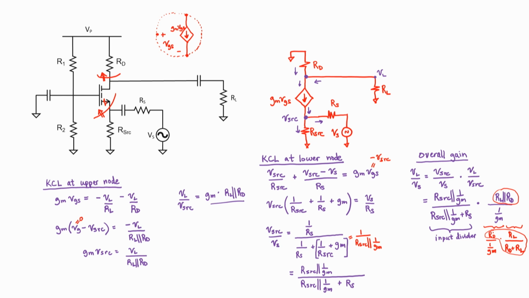That's why we have Rd here and 1 over Gm down here. The output impedance to the circuit is just R sub D, and you can see then where the output voltage divider will come from. Let's draw a more manageable small signal circuit for future reference.